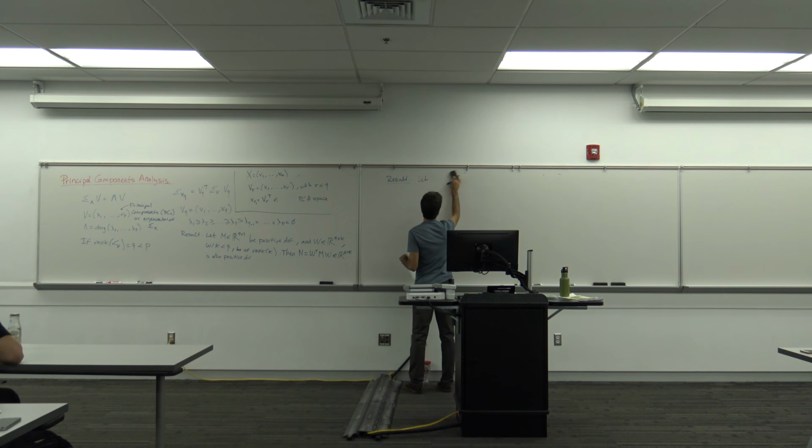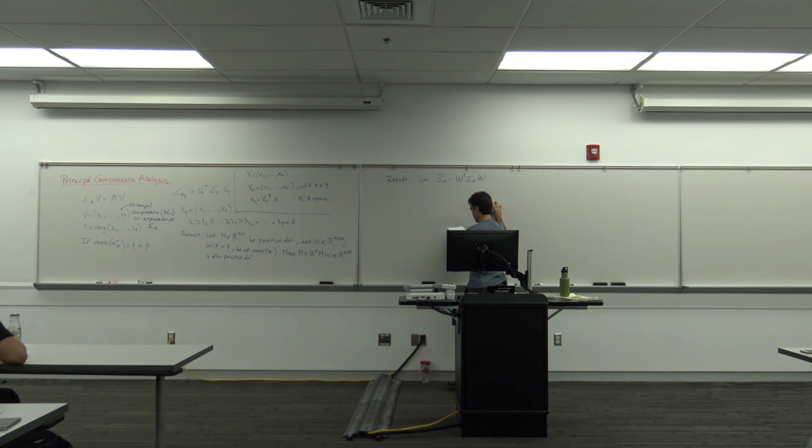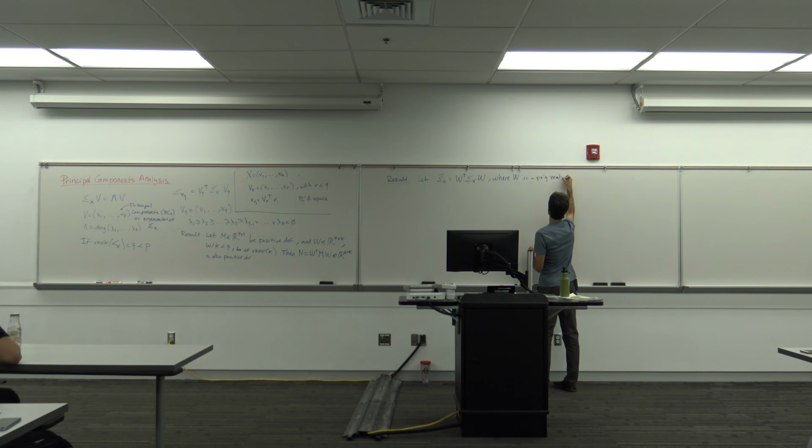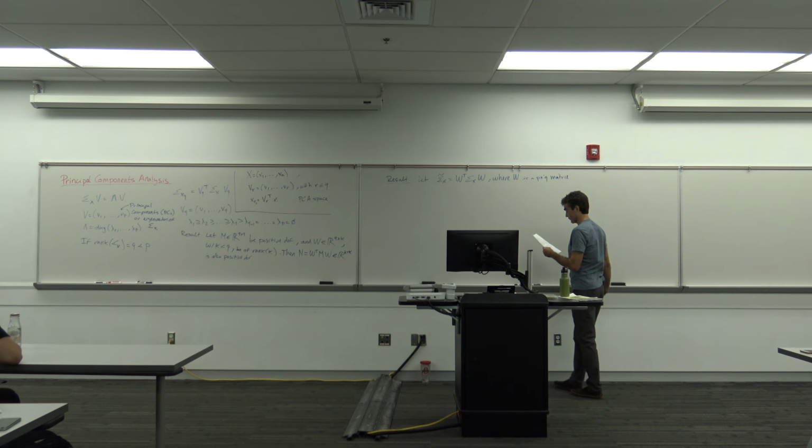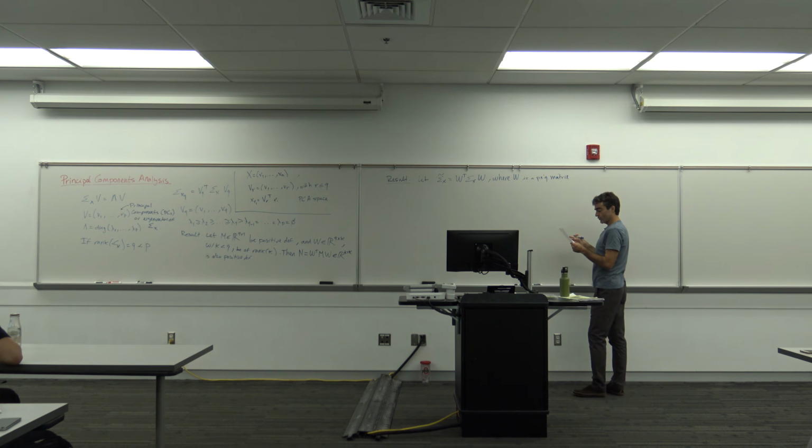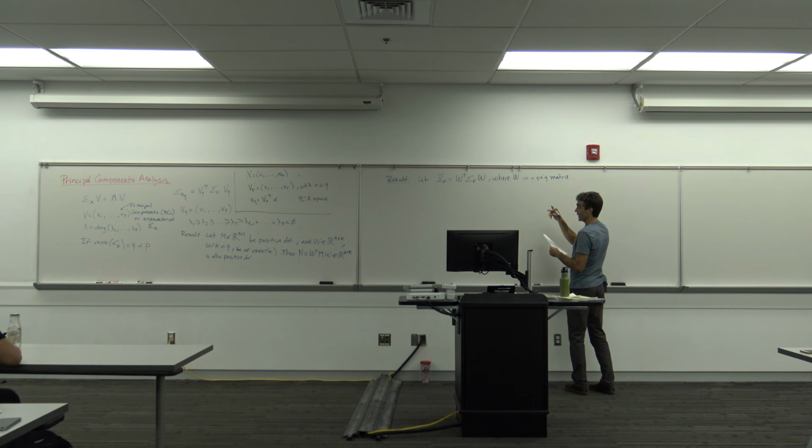Let sigma x tilde equal W transpose sigma x W, where W is a P by Q matrix defining the orthonormal projection that we have defined there.